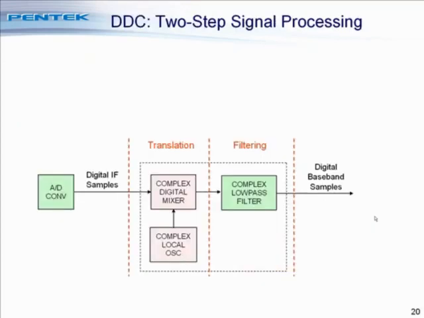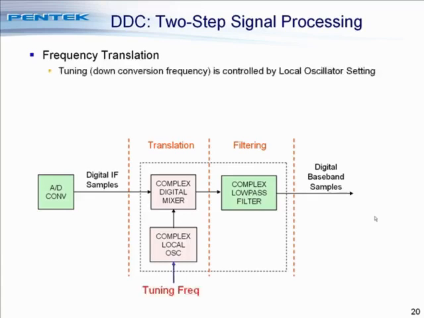In summary, digital downconversion is a two-step signal processing operation. In the first stage, we do frequency translation. The tuning, or the downconversion frequency, for the translation is controlled by the local oscillator setting. So we have a parameter of tuning frequency that controls the first stage translation. The second stage is low-pass filtering.